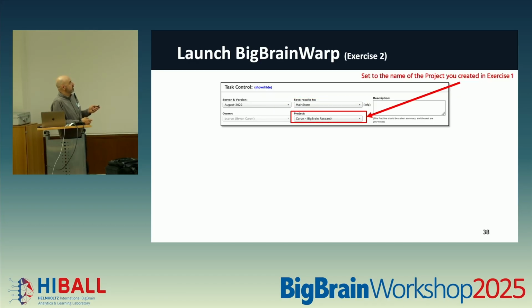So not only select main store, but again, that main store is just the physical hardware that it's going to be stored on, but from an organizational point of view, pick the project of the one that you created at the very beginning, okay? Just to help get familiar with that, be able to designate what goes where and what's physically sitting where and how you want to organize it. And you can give it a description if you want as well, but that can be left blank, okay?